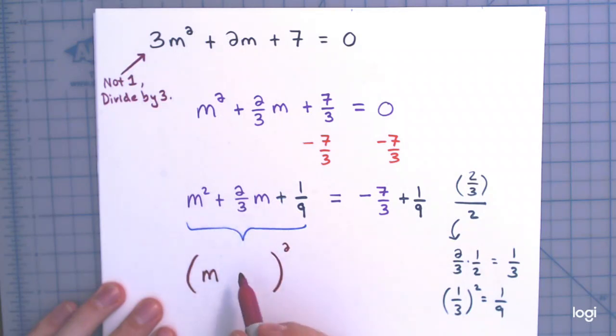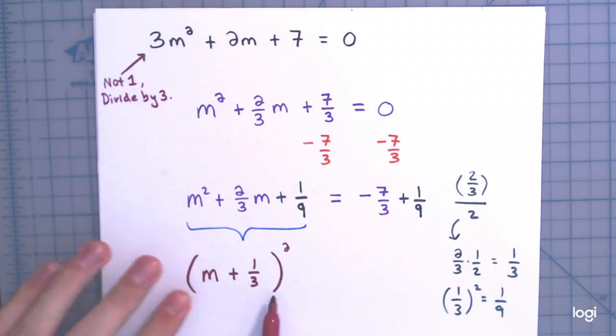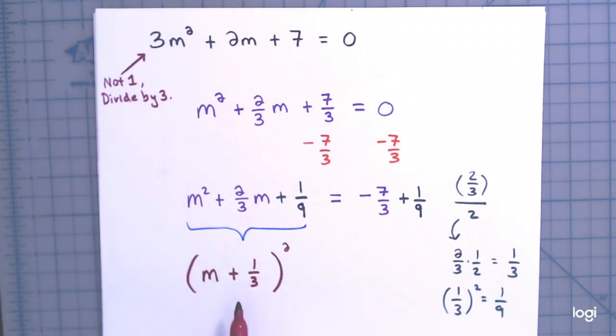Half of 2/3 is positive 1/3. And go ahead and try it out. Check it out. Take m plus 1/3, multiply it by m plus 1/3 again. Do all the distributing and combine some like terms. You're going to see that this is indeed equal to m squared plus 2/3 m plus 1/9.